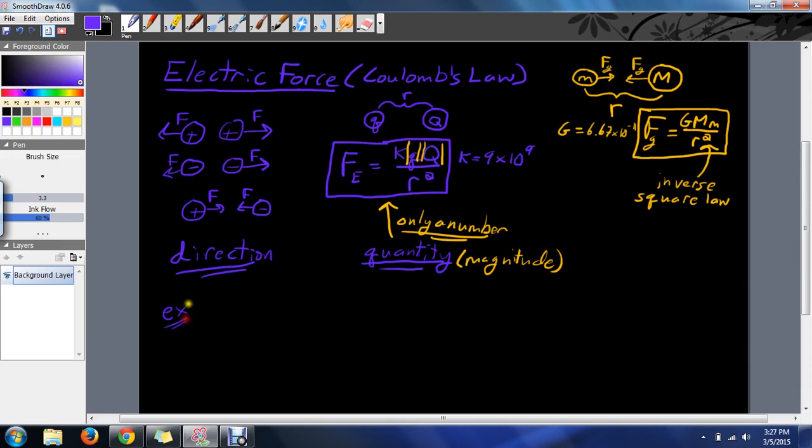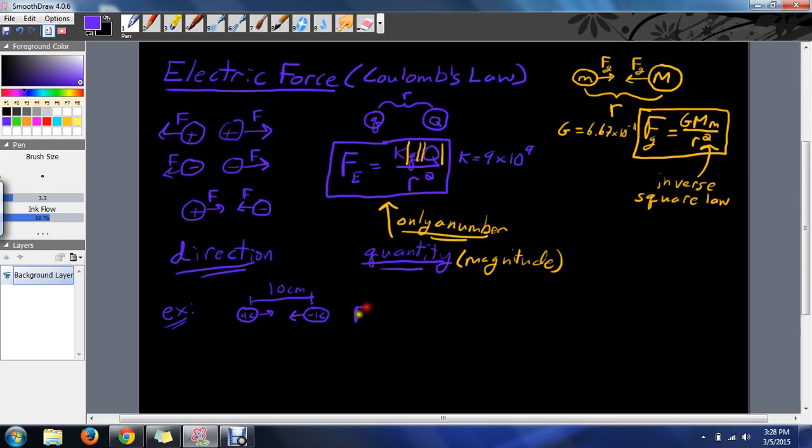You can do a little example down here of two charges. Say we have a positive 1 coulomb, and we have a negative 1 coulomb charge. They will clearly attract each other, and we can plug numbers in to figure it out, but let's do a proportion question. Let's say they're separated by 10 centimeters.